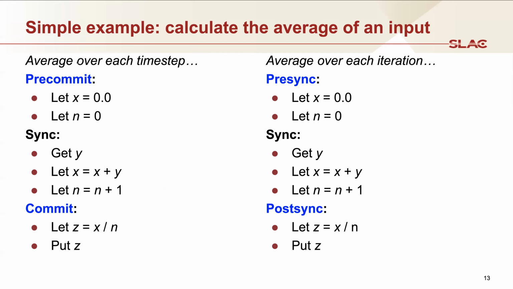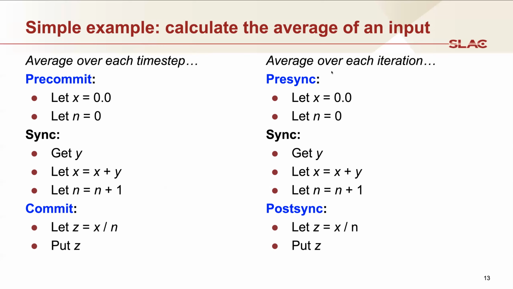So if we need to calculate the average once per time step, then we set up the accumulators during the pre-commit process, and during synchronization, we get the input value, and we add the input to the accumulator, and we add a counter. If you recall, the way you calculate an average is you sum up all the values and you divide by the number of values that you sampled. And then at the end of the time step, when we do the commit, we calculate the final answer, and then that's the answer that we use as the solution.